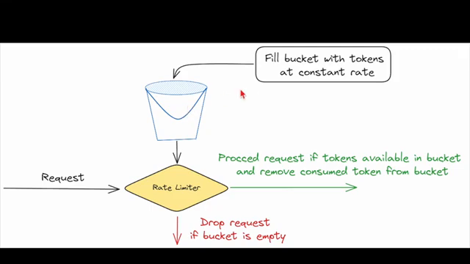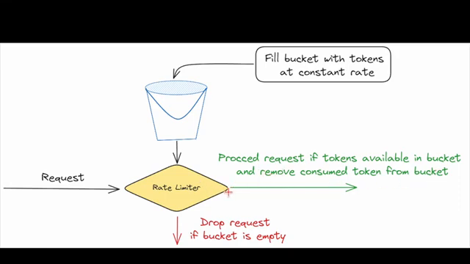When a request arrives, it must obtain a token from the bucket to proceed. If there are enough tokens in the bucket, the request is allowed and the tokens are removed. So we process the request if tokens are available in the bucket and remove the consumed tokens from the bucket.